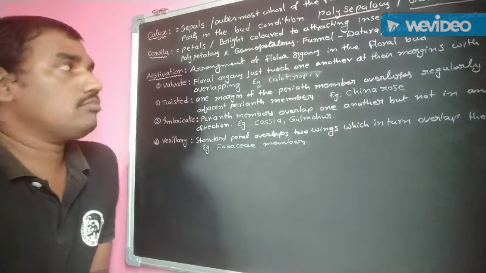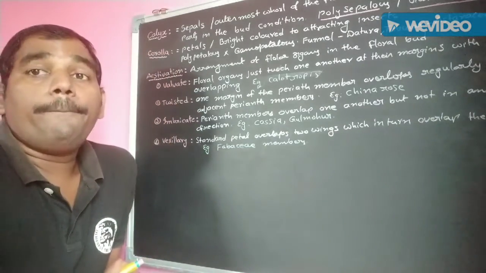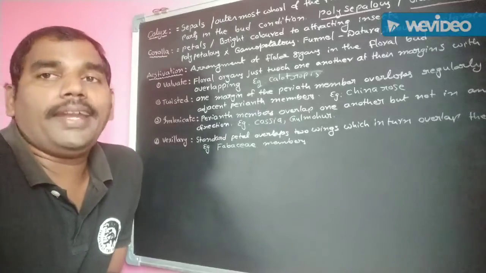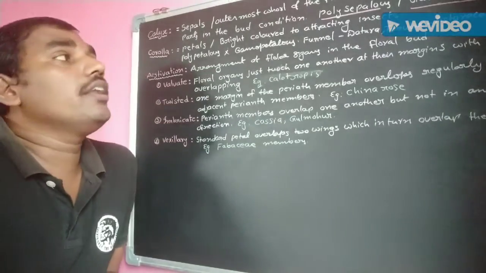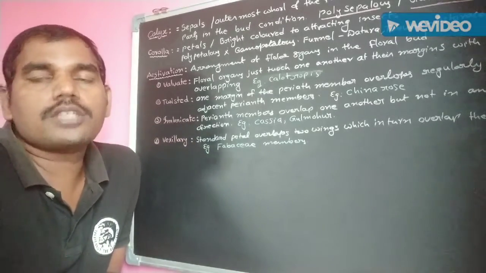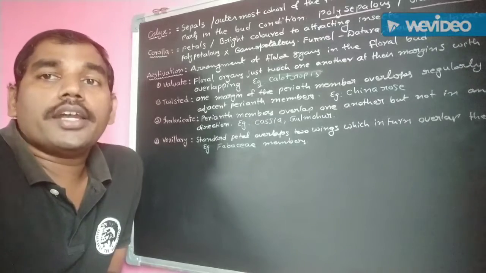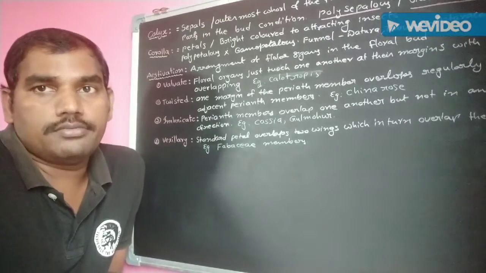And corolla, technically called petals. These petals are very brightly colored to attract insects for pollination. This means the corolla is indirectly useful for reproduction.